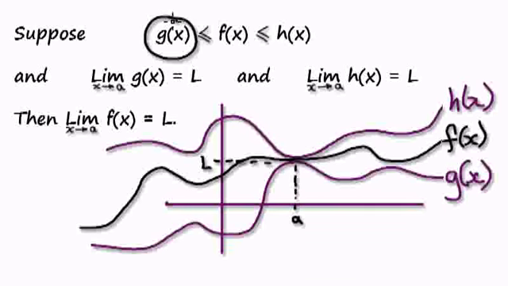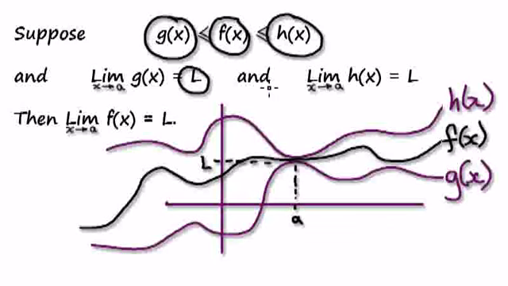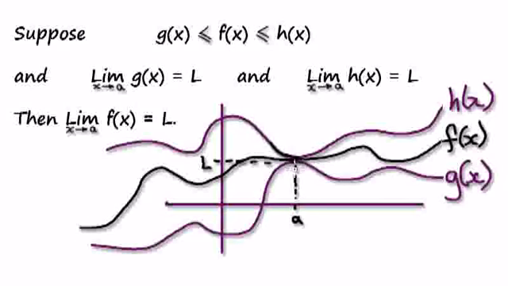Now, if the limit of this is capital L and the limit of this here is also capital L, then we know that the limit of our function must go through here. It's being squeezed at this point here. Our function is always being trapped in between these two functions.